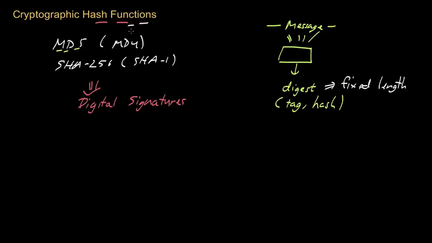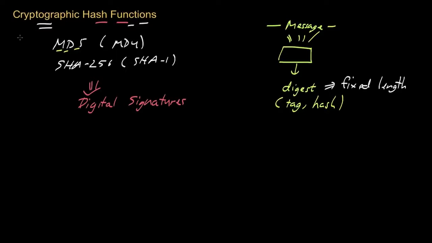The qualifier of cryptographic is very, very important, and it usually implies that the hash function has to have a certain set of critical design goals and particular properties that make it suitable for use in applications that use cryptography, perhaps security, privacy, confidentiality.